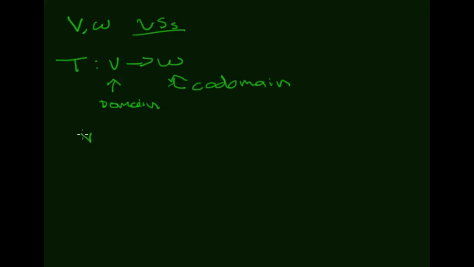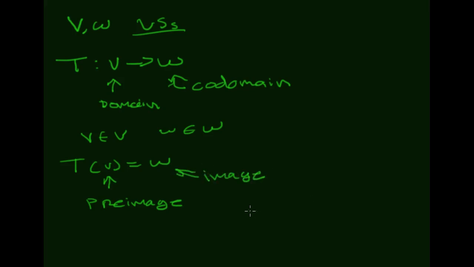If v is an element of V and w is an element of W, and T of v is w, then v is the pre-image of w and w is the image of v.